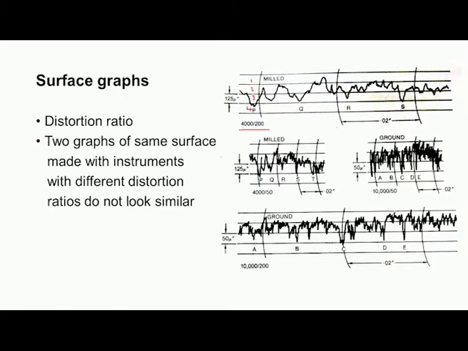Each has a value of 1000, so the total height is 4000 units. This is the magnification: the roughness is magnified 4000 times. And the horizontal magnification is 200 times. Now, when we select this particular distortion ratio, this is the profile that is obtained.